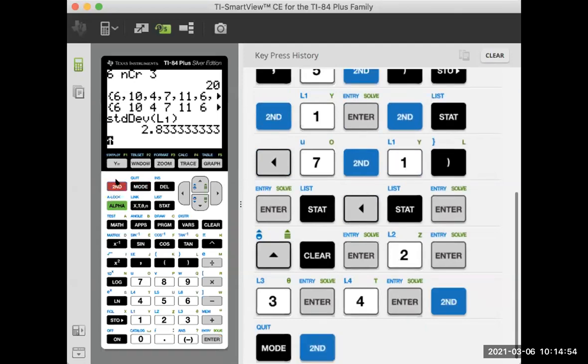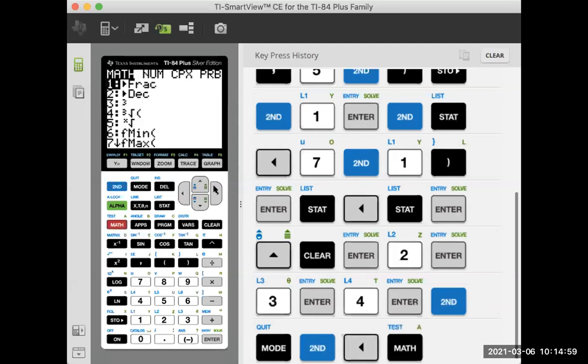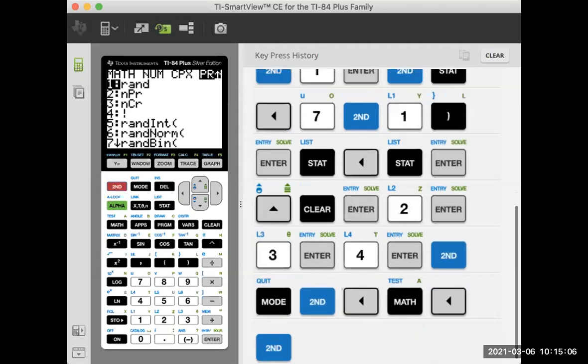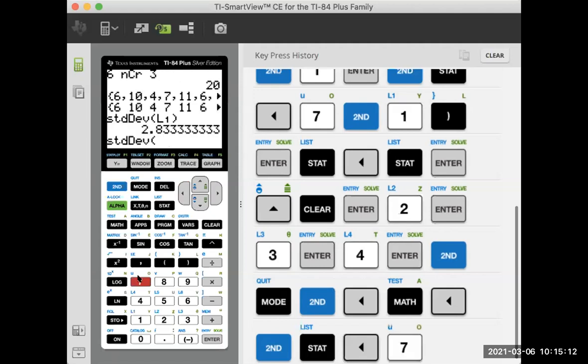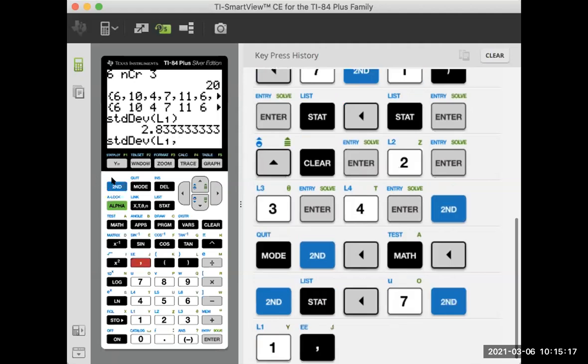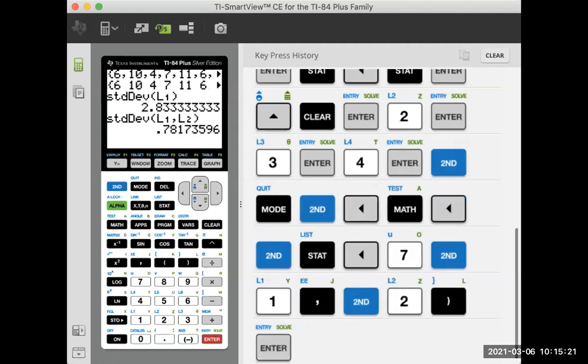To find the standard deviation, go to lists, go to list, math, standard deviation, and enter L1, comma L2. The result is 0.78173596.